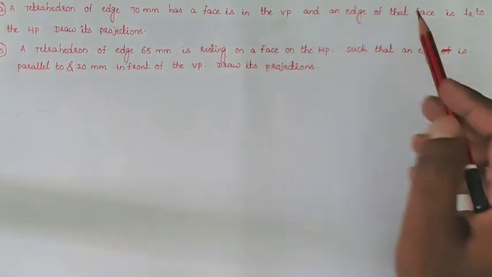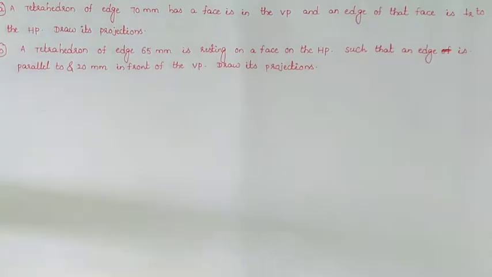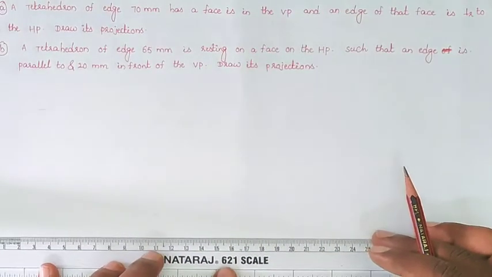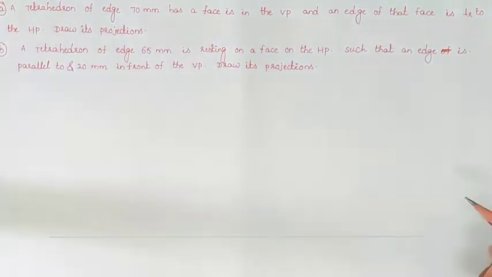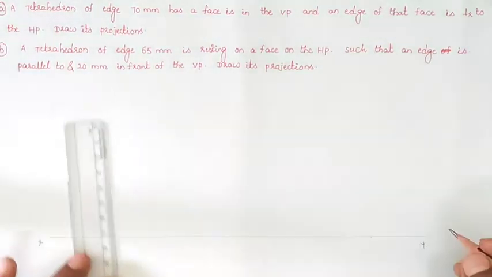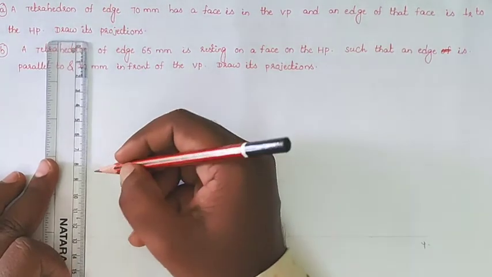How will we draw the front view? They are giving that an edge of that face is perpendicular to the HP. Perpendicular to the HP means we will draw the edge or the side of that diagram perpendicular to the reference line as the front view.